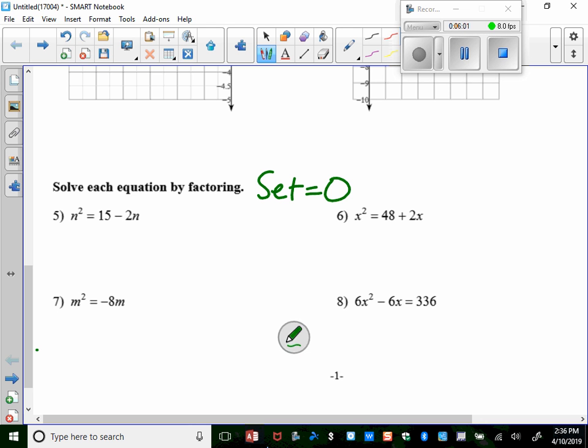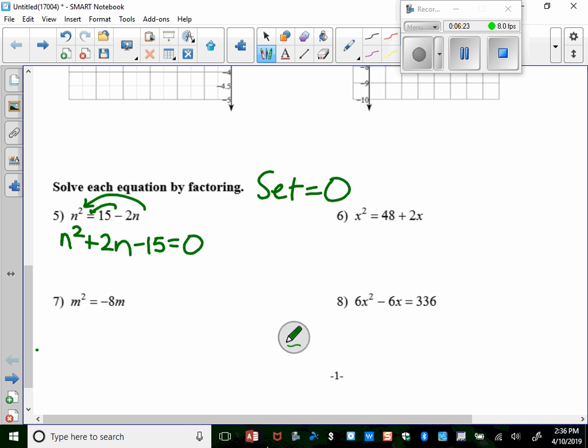So I'm going to move this 2n over by adding it over and move the 15 over by using the opposite sign. So that's subtracting that over. Okay, so I just moved the 15 and the -2, and you do that by using the inverse operation. Then you factor it.